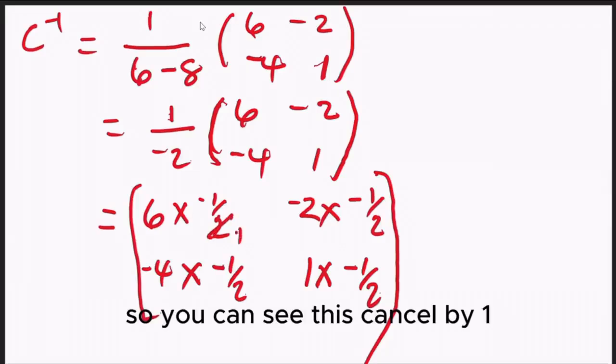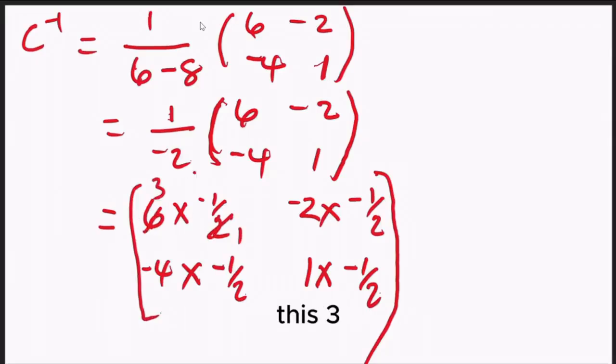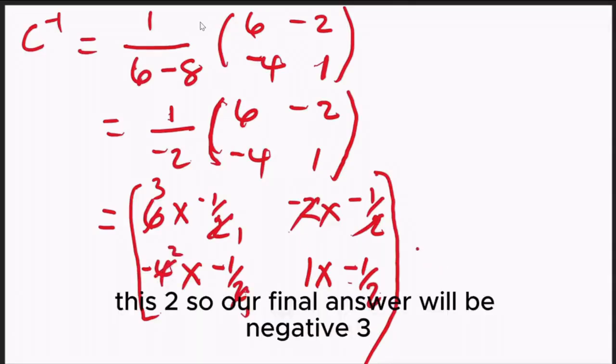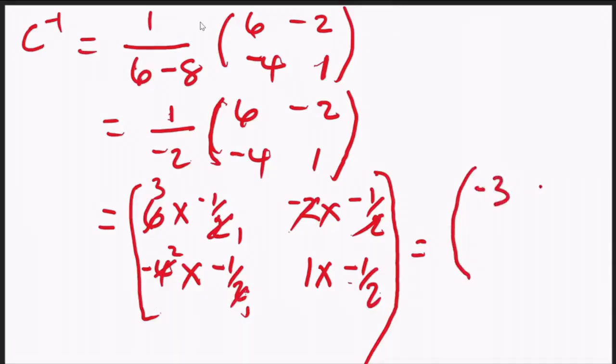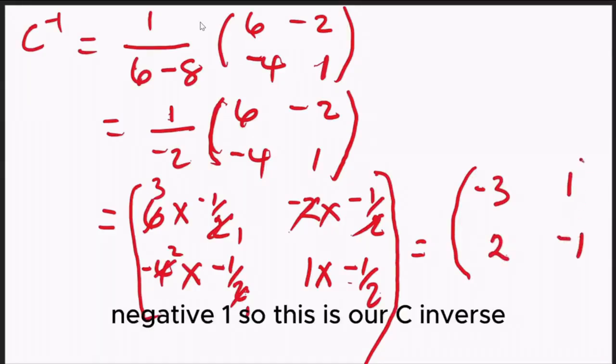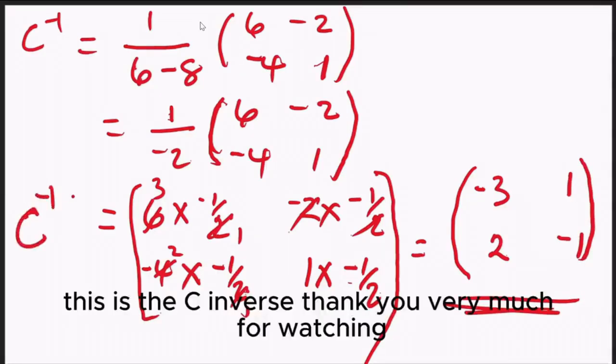So you can see this cancelled, and our final answer will be negative 3, then positive 1, then positive 2, negative 1. So this is our C inverse.